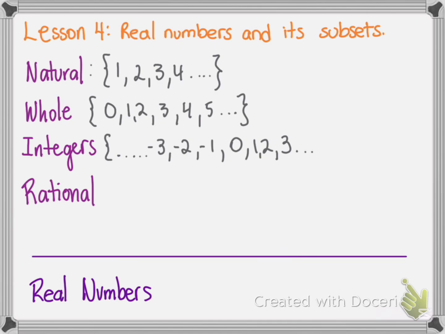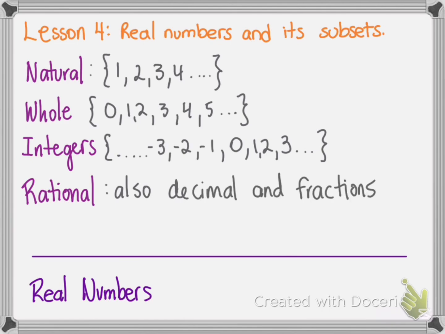Now if you notice, they're infinite to the left and to the right, and it's all the whole numbers, and then we also have the opposite of the natural numbers, so the -1, -2, -3, -4, and so on. Rational numbers are all of these that we already learned, the natural, whole, and integer, but they also include decimals and fractions.